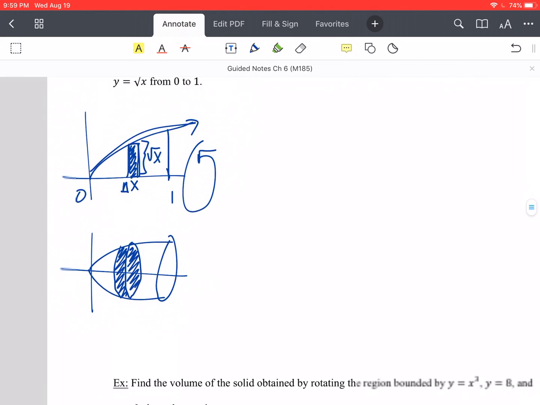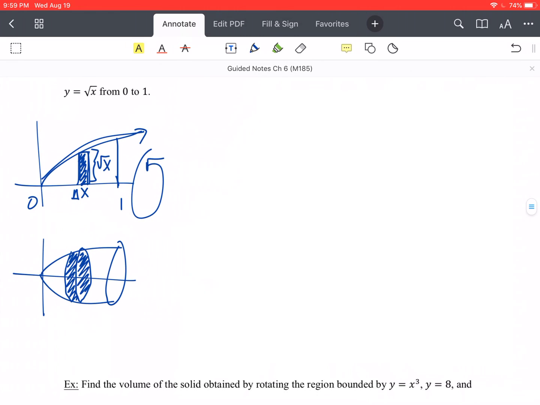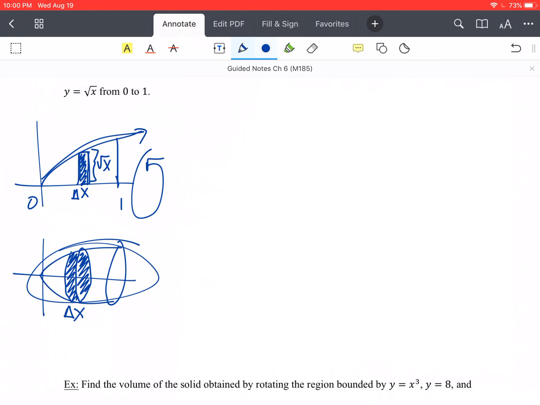So this is what we call a disk. This little disk here has width delta x, right? That turns into our dx when we switch from a summation, an approximation, to an integral. But this is what we're looking for. We're looking for the volume of this entire solid here.